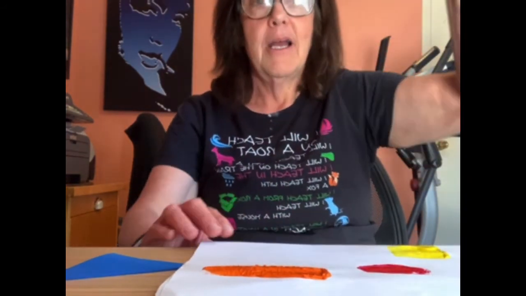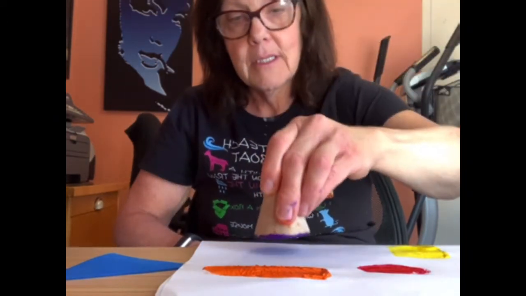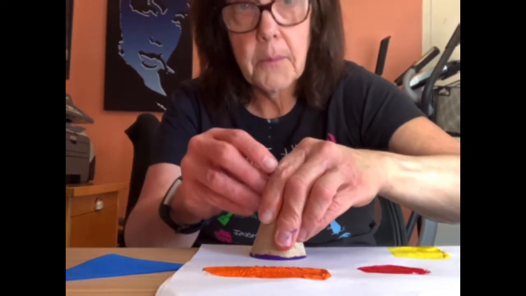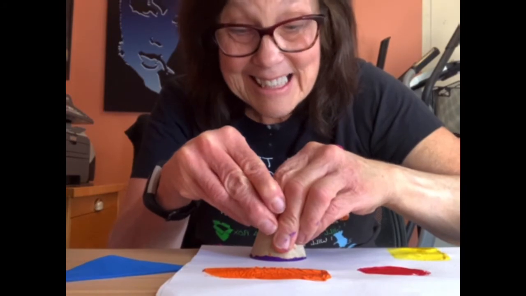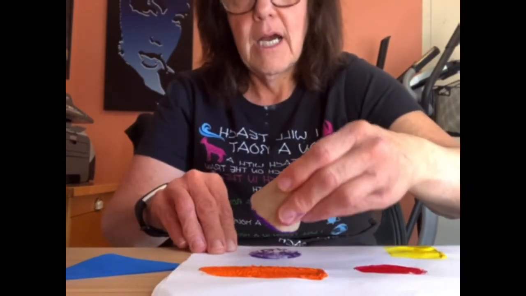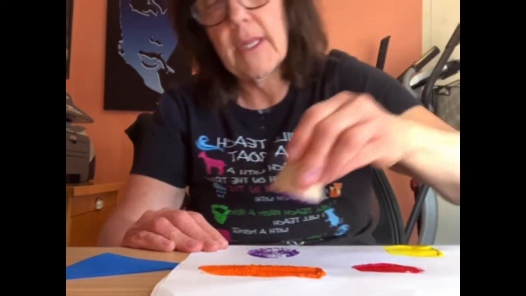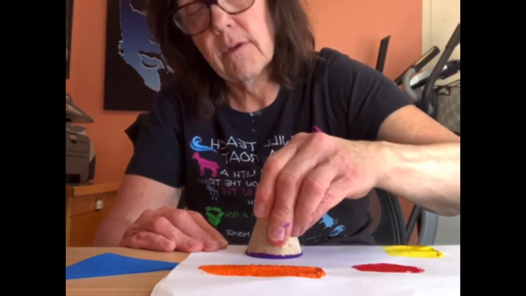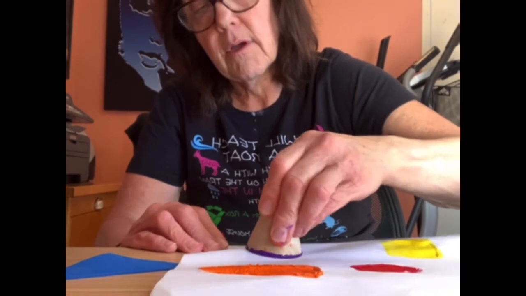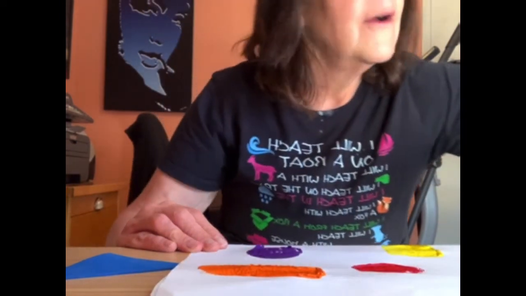Here we go. I'm going to use purple this time. Here it comes. Okay, got to press hard. Oh, that purple didn't... I need some more purple. I don't think I had enough on there. There we go. Let's see.